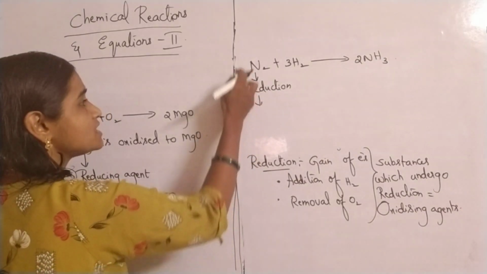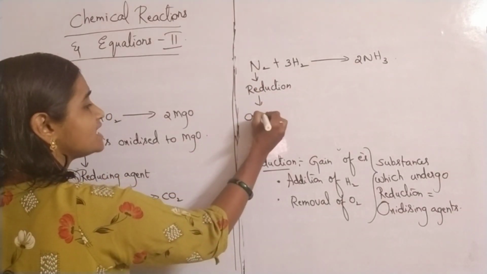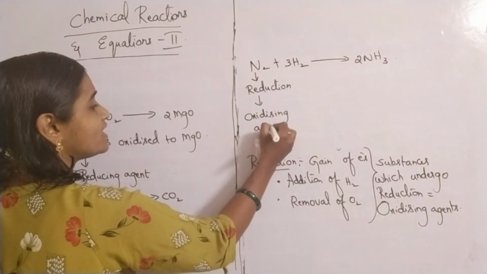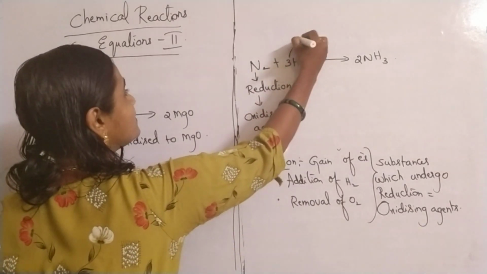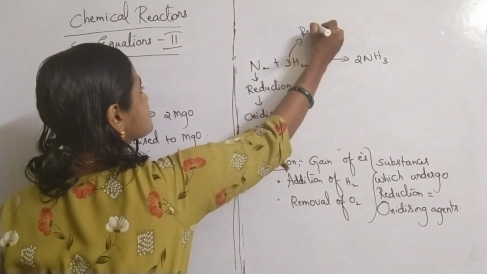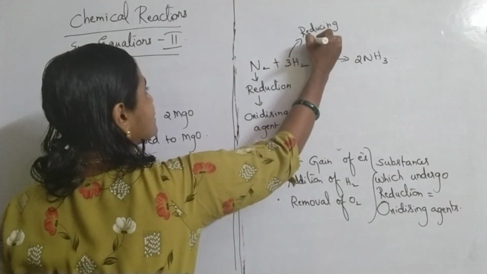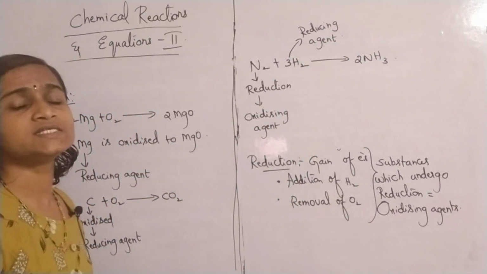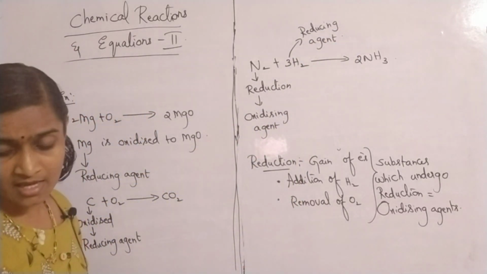So nitrogen is said to be what? Oxidizing agent. Whereas hydrogen is said to be what? Reducing agent. Hydrogen is said to be reducing agent. Nitrogen is said to be what? Oxidizing agent.